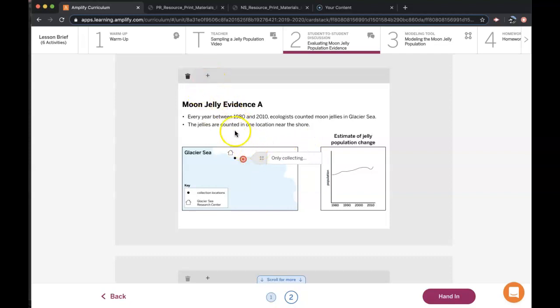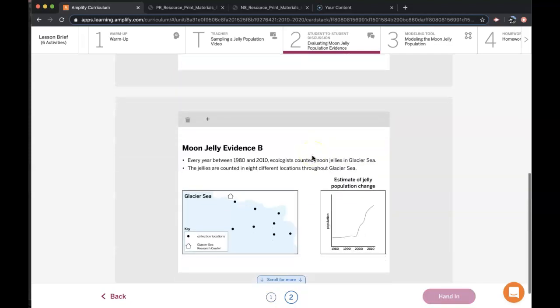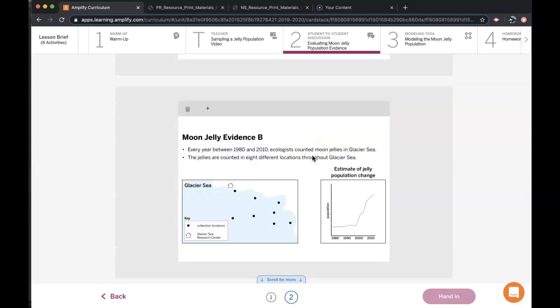Or I might add another one to the graph and say, "looks like a slight increase over the 30 years, but not a drastic change." So that's kind of how I want you to do that for moon jelly evidence A and then moon jelly evidence B.